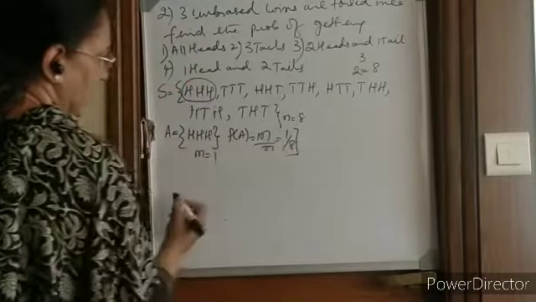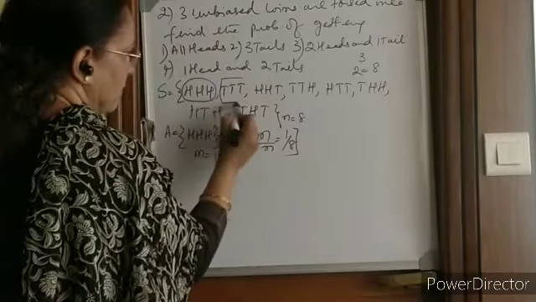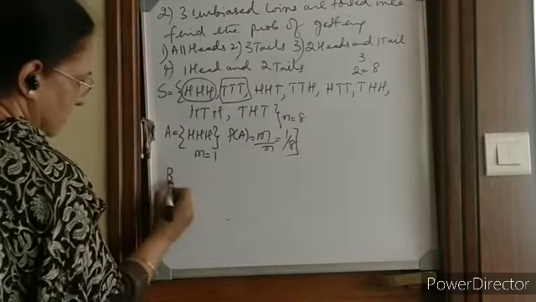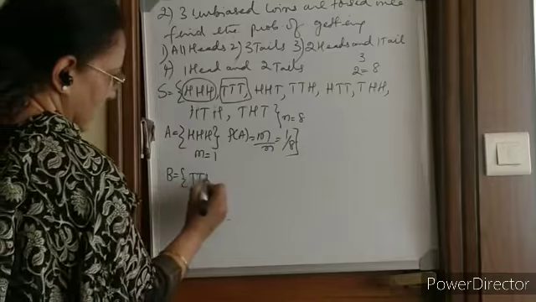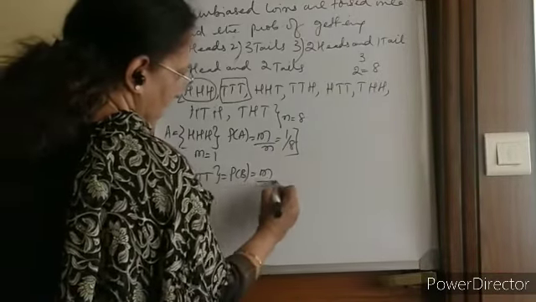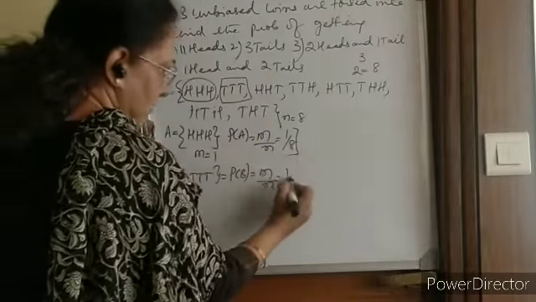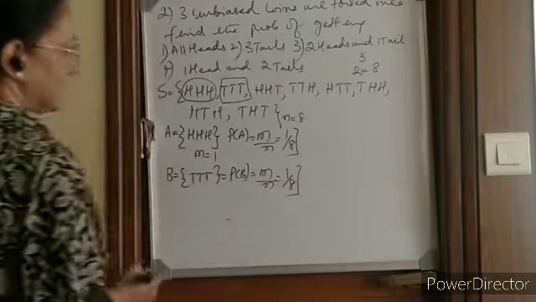Okay. Now coming to the second one. 3 tails. Now this is the only possibility you have. So if you take this as B, event of getting 3 tails. So therefore probability of B equal to M by N. How many possibilities? Only once. Out of how many? So again same way. 1 divided by 8. Okay.